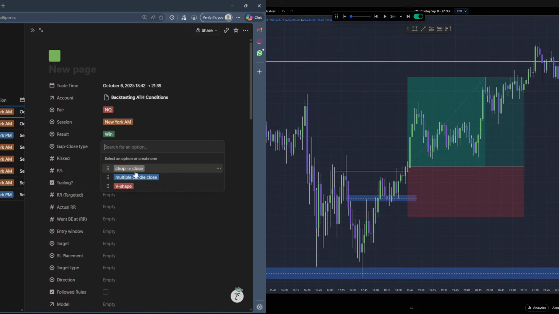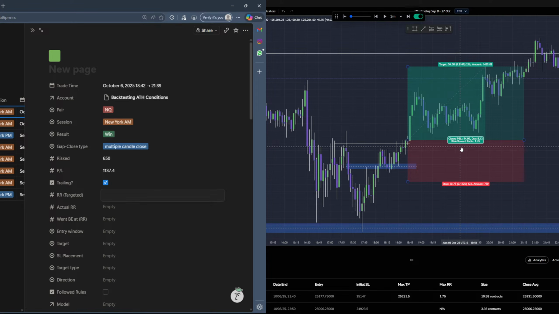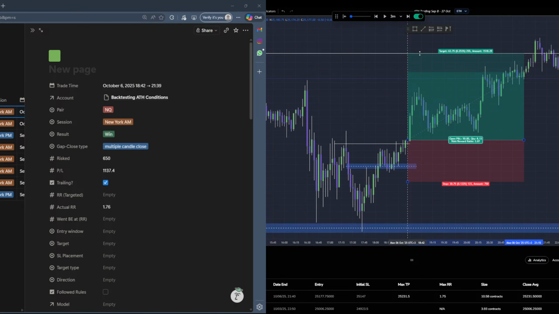Gap close. Was a multiple candle close. Risk 50. Made 1127.45. Trailing targeted. Oh wait, not the actual 0.76, and I targeted 2.07.